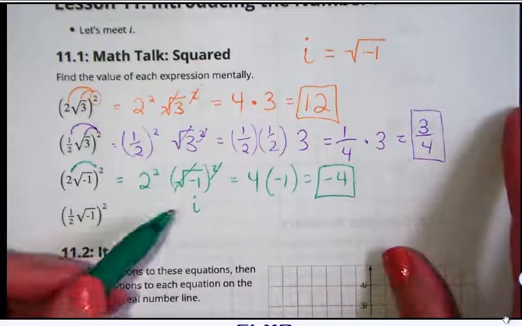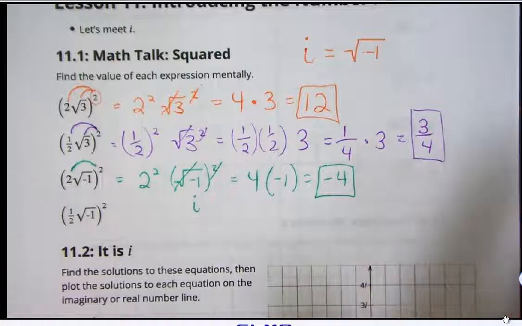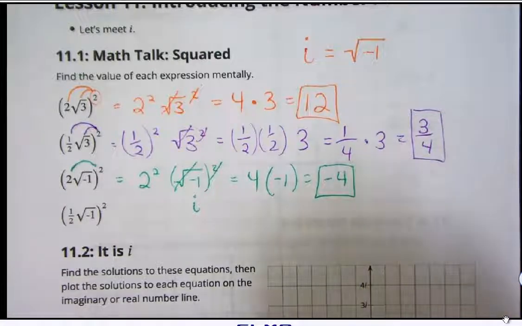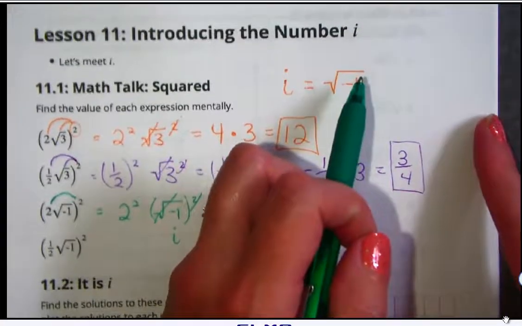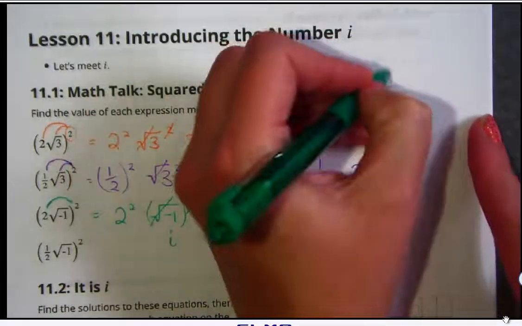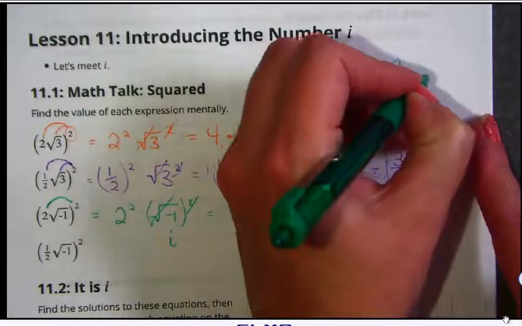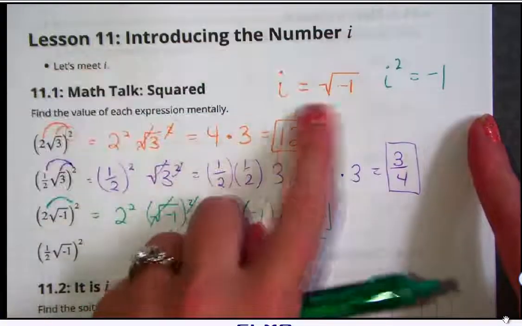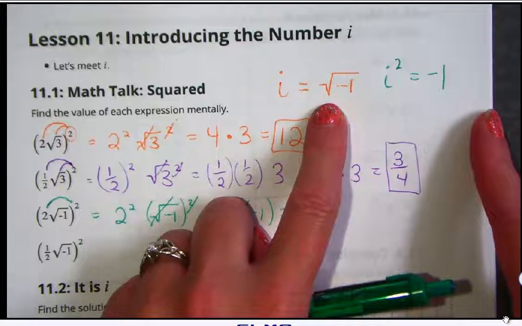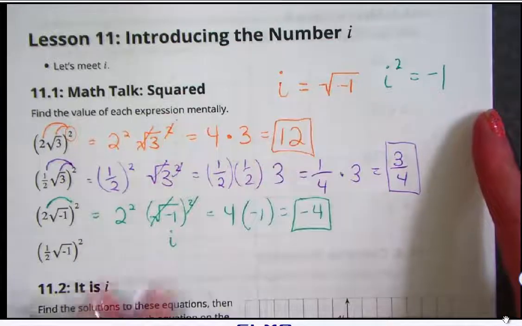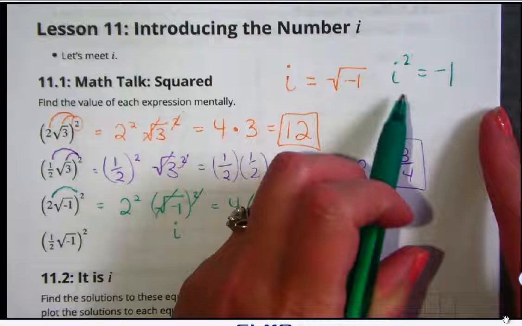So that's an interesting little fact there. In fact, it's so interesting, and we're going to need it pretty frequently, that I'm going to also add that up here in my Lesson 11 intro, that i squared equals -1, because squares and square roots are opposite of each other. Okay, good thing to know. I'm going to keep that in mind.